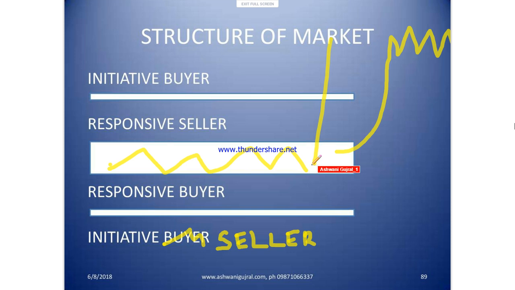This is the basic structure of the market, that a market will remain range bound till some catalyst takes the price higher and this equilibrium shifts either higher or lower. Similarly, on the downside, the responsive buyer keeps the market in a range, and if it breaks on the downside, the initiative seller comes in and he takes the market to a new equilibrium on the downside.